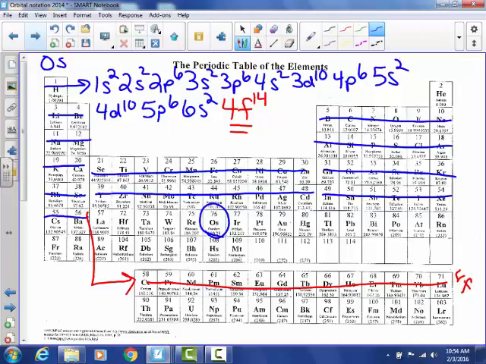And once you have that one, now you're back to 5D. And in the 5Ds, you are 1, 2, 3, 4, 5, 6. So you are 5D6. So yes, this gets a little bit long. There's a shortcut. Okay, I won't show you the shortcut until tomorrow.